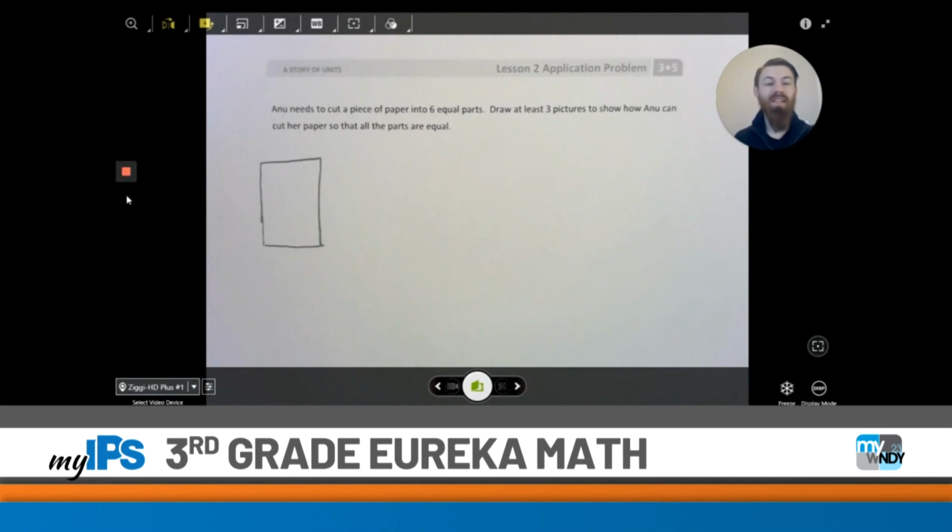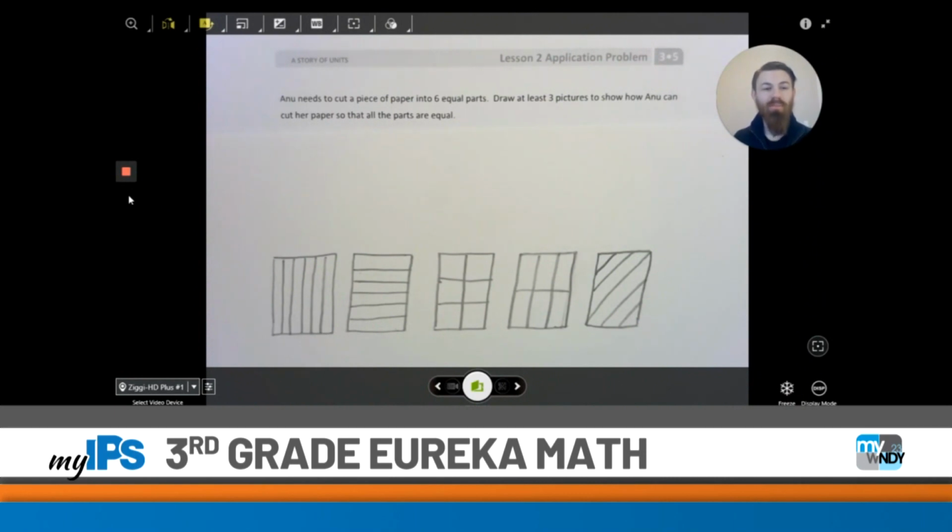And we need to cut it into 6 equal parts, which is something that Mrs. Roos has been talking to you about in the last 2 lessons. Now you're going to draw at least 3 pictures to show how Anu can cut her paper so that all the parts are equal. So I want you to pause your video and I want you to draw as many pictures as you can to show how Anu can cut her paper so that all of the parts are equal.